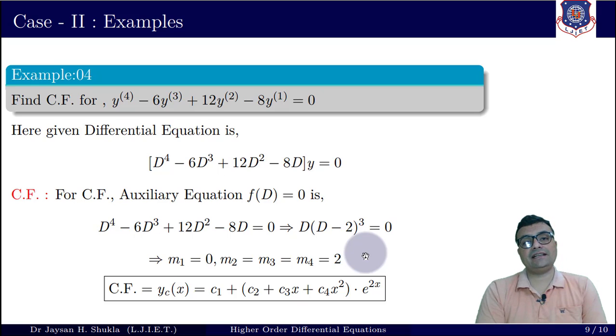In that case, with 4 times a real repeated root, the corresponding component of the complementary function would be (c2 plus c3x plus c4x squared plus c5x raised to 3) into e raised to 2x. So this is how you can consider any case of real and repeated roots.